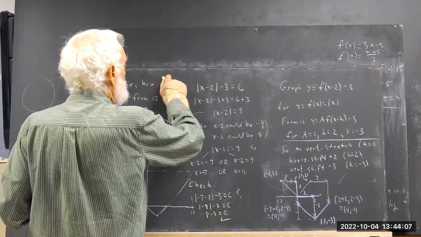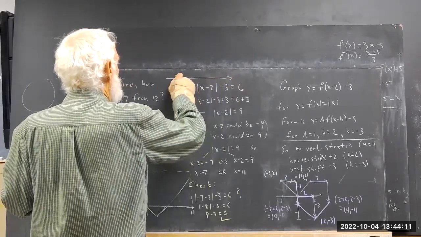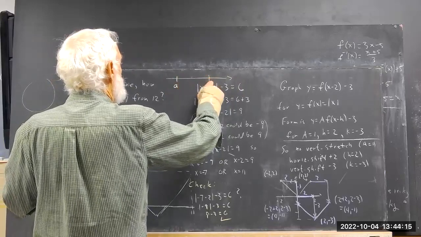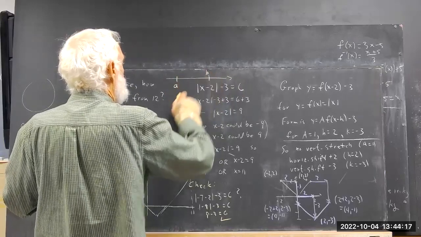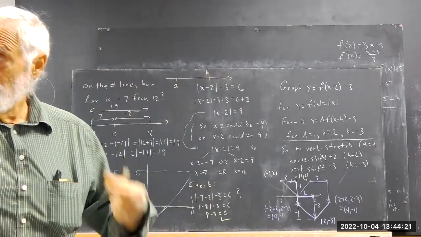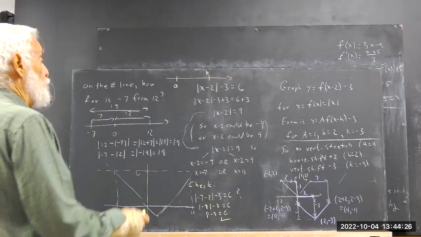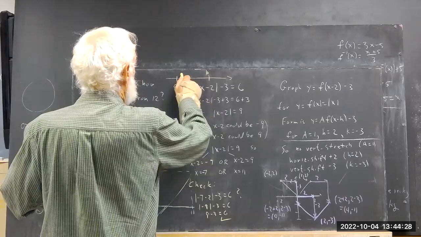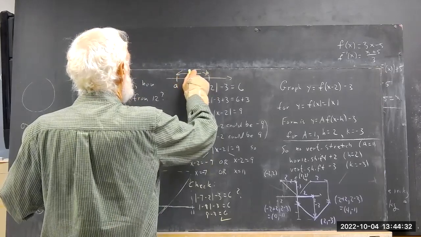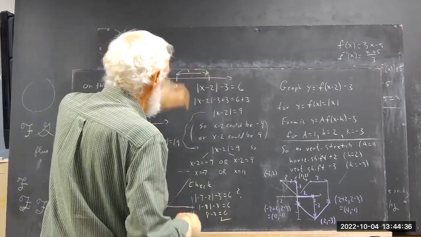Okay, on the number line, here's A, here's B. Now that's not your numbers A and B, that's just any numbers A and B. So what is the distance between A and B? That's small, it's supposed to be a question mark up there.